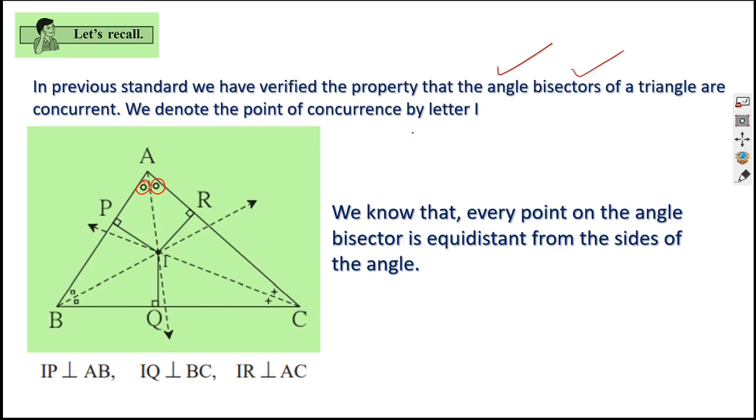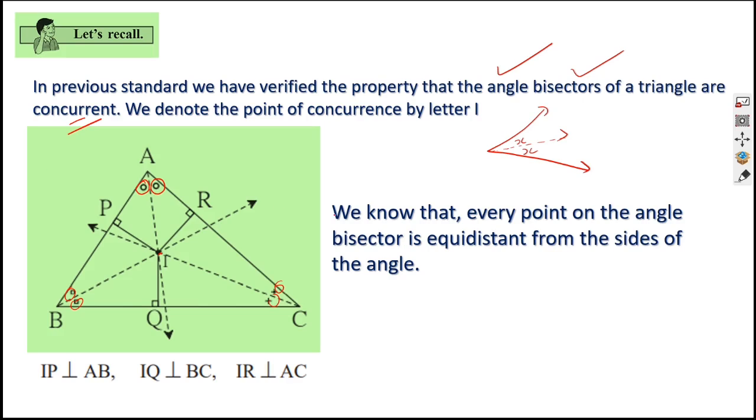Here the angle bisector will divide the angle equally. This will become x, this will become x. You have studied how to draw it. If you draw angle bisectors of all the three angles of a triangle, they will meet at a point, the meeting point, or they are concurrent. That is one thing you should remember: angle bisectors of a triangle are concurrent.